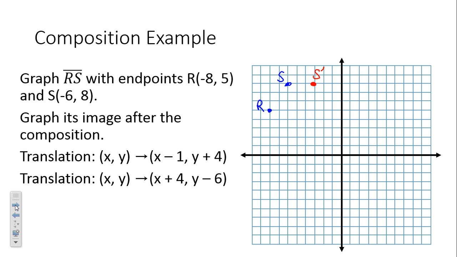Okay? Now take R, and what does the first translation say? This translation is 4 up, and then 6 down. So we're going to take R and go 4 up, and then go 6 down.